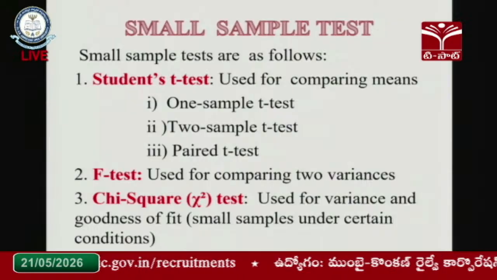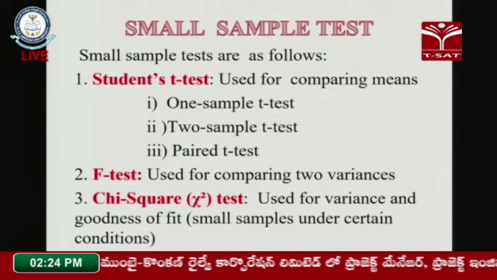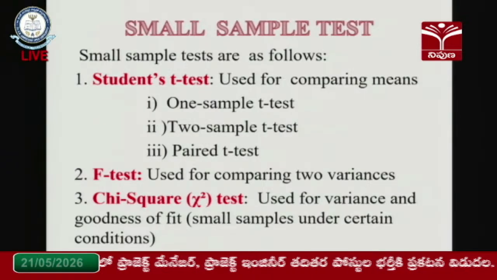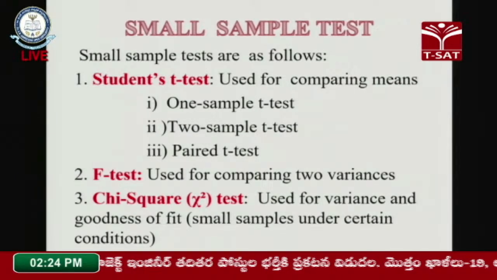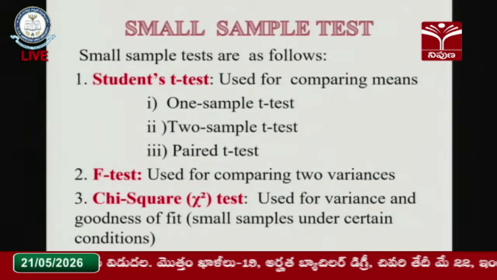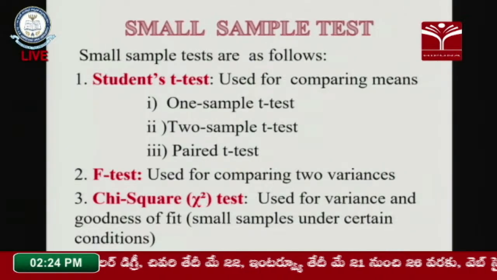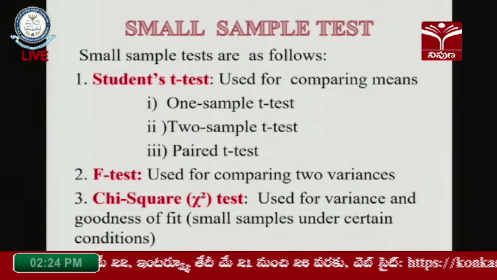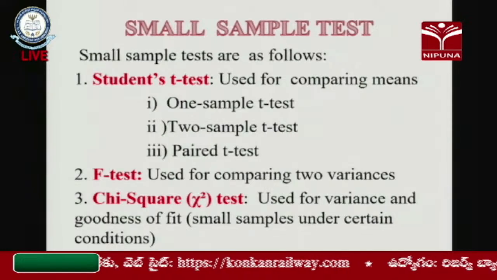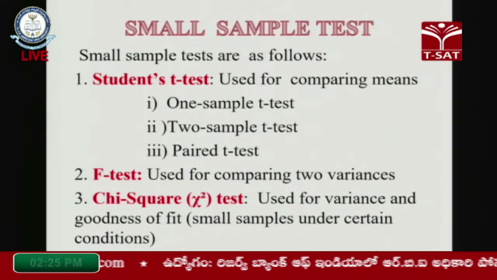If you want to compare two samples, an X series and a Y series, we can apply the two sample t-test. Then the paired t-test compares before and after data, from the same family of data, based on certain conditions. These are the Student's t-test.